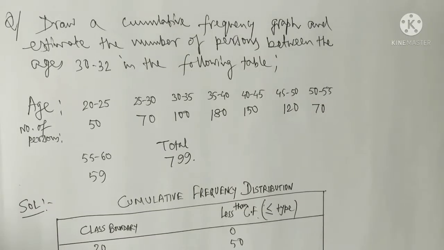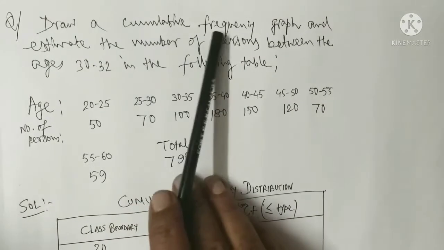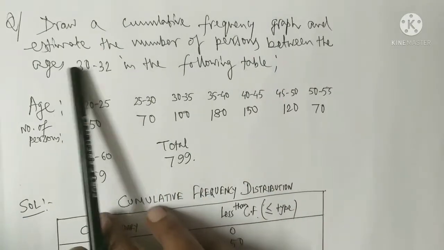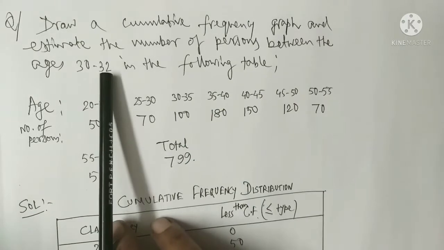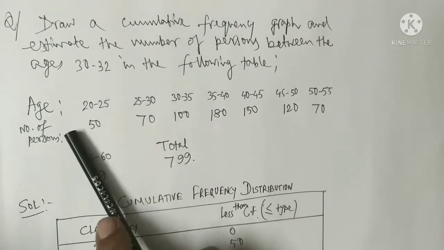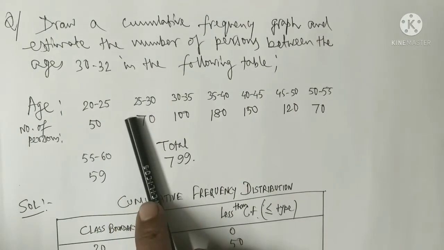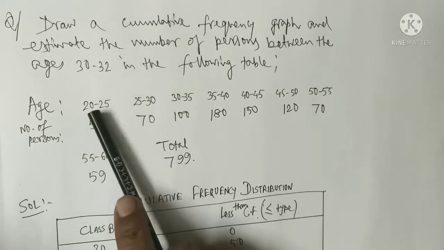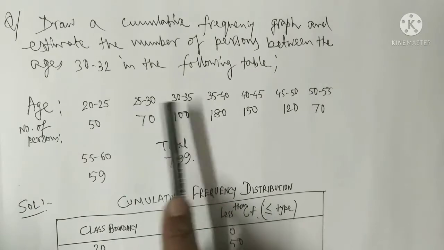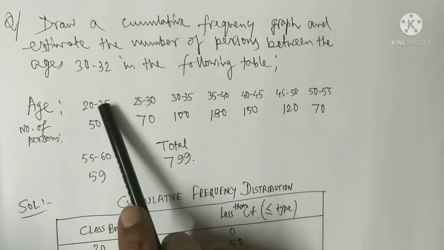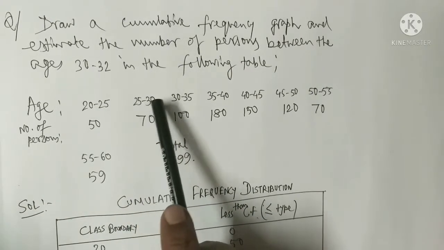The example: draw a cumulative frequency graph and estimate the number of persons between the ages 30 and 32 in the following table. Ages are given in class boundary form: 20 to 25, second is 25 to 30, third is 30 to 35, and so on.